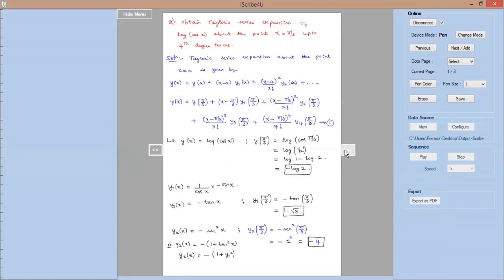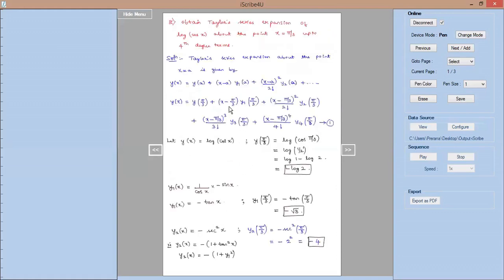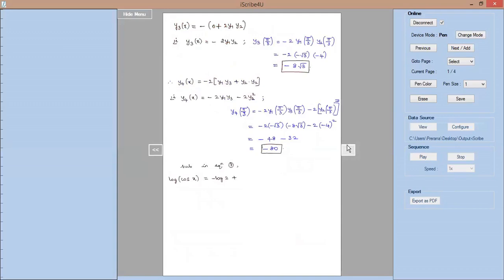Minus log 2 is the first term for us. Plus x minus pi by 3 into y1 of pi by 3, which is minus root 3.